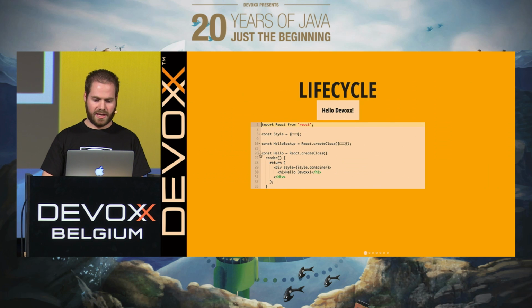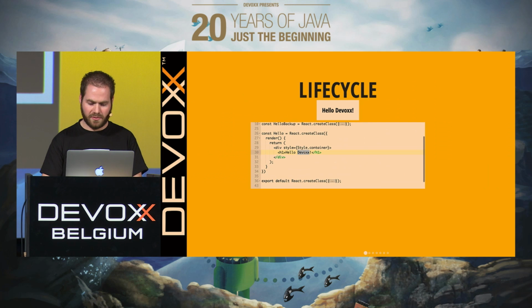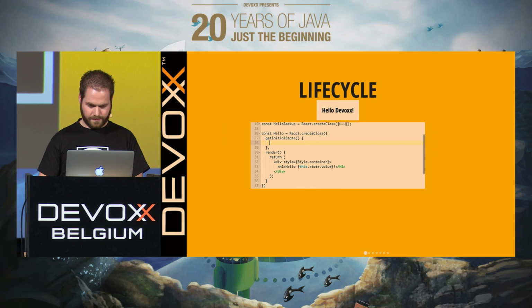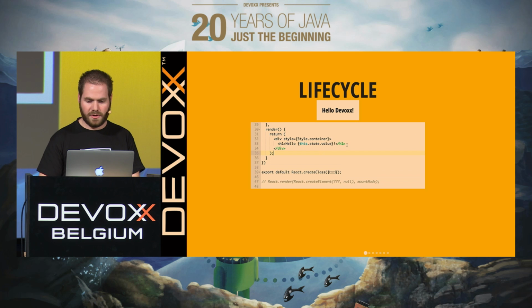So let's see how we can use componentDidMount, for instance. I've got a value here. I will pass a value here.